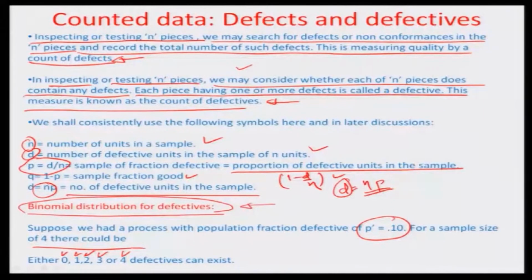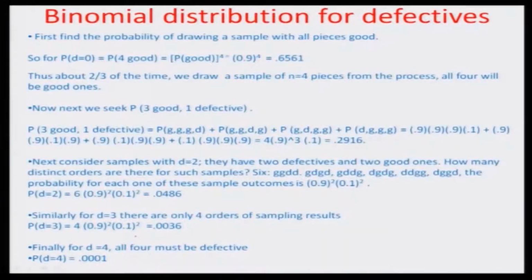These are the possibilities which will happen when we are drawing samples from an otherwise large population of n total samples. So how do we write the probability of drawing all good pieces?